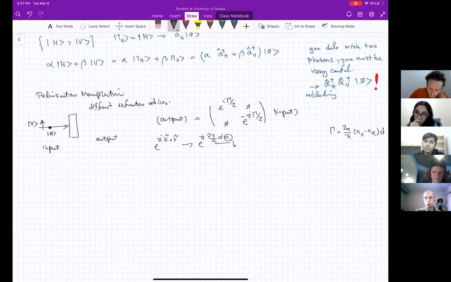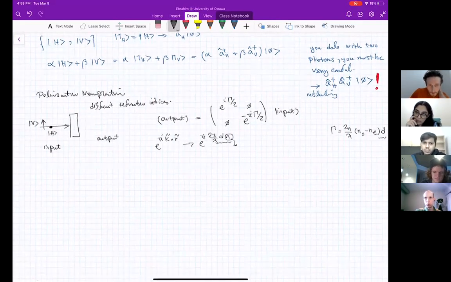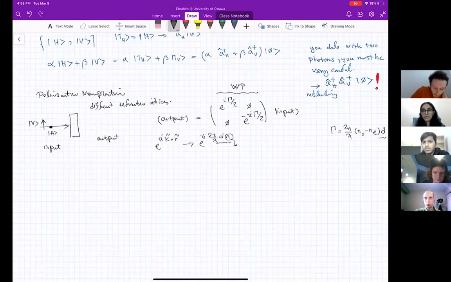This is how I made it symmetric. Pay attention to the coefficient. I think that should be fine. Yeah, that should be fine. This is the action of a wave plate. All right, so let's call this wave plate of gamma.